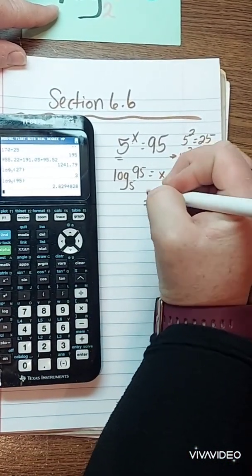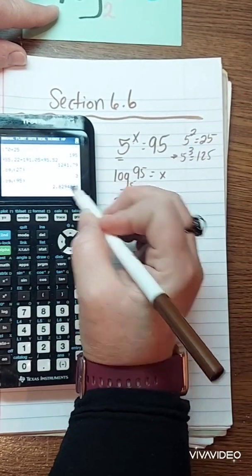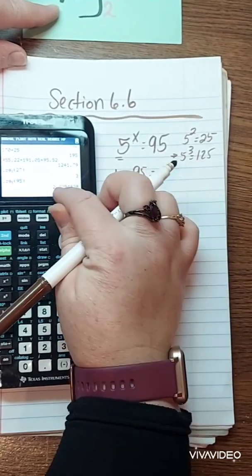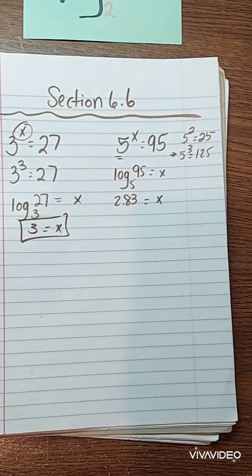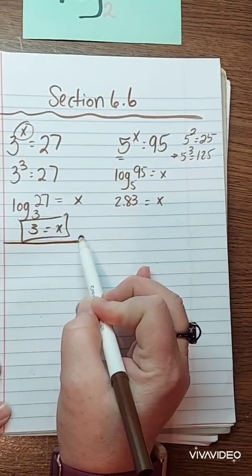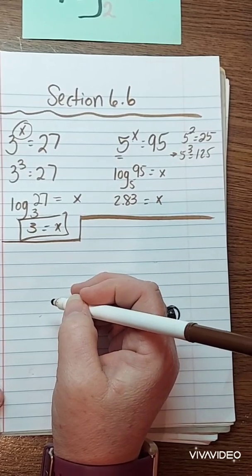And I end up with 2.83, because I'm going to round that 9 up to the 2, because 9 is above 5. Okay, so as far as those pieces go, that's really what we're looking at here.